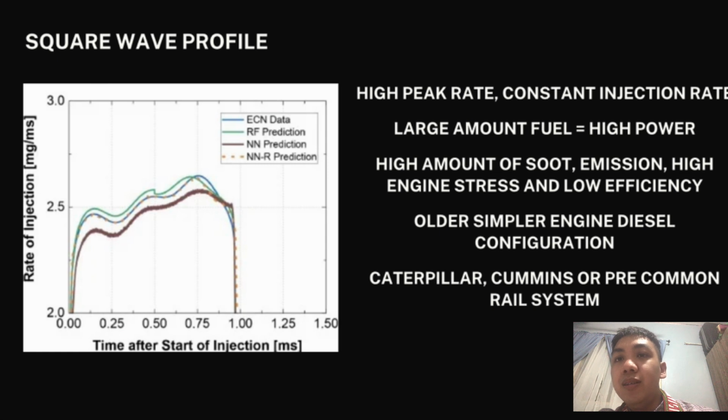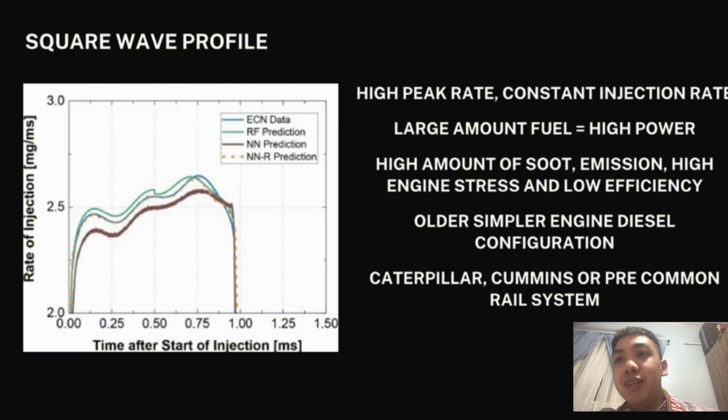The square wave profile indicates a high peak rate but constant injection rate. This means a large amount of fuel is delivered and it can produce high power, but it also produces a high amount of soot, high emissions, engine stress, and low efficiency.